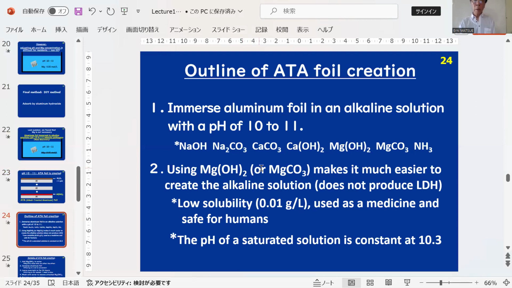They contain magnesium, but LDH is not formed because the concentration is very low, 0.1 millimole per liter. The solubility of MgO and MgCO3 is very low.